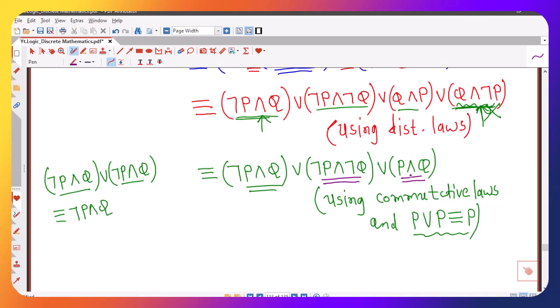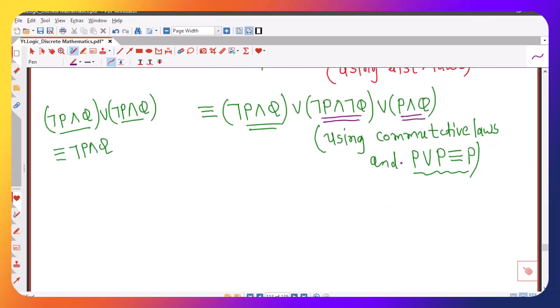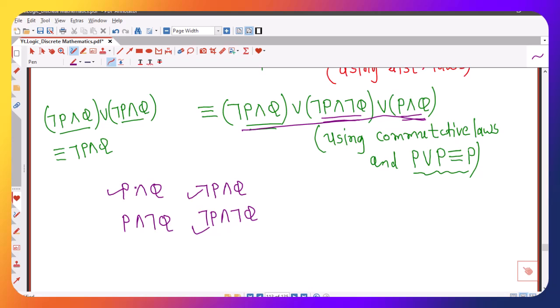We can see these are three min terms using variables P and Q. If you recall, the four min terms for variables P and Q are P and Q, P and negation Q, negation P and Q, and negation P and negation Q. So you can see negation P and Q is here, then negation P and negation Q, and P and Q. So this formula is nothing but a disjunction of these three min terms, and therefore it is in principal disjunctive normal form, or it is the principal disjunctive normal form of the given formula.